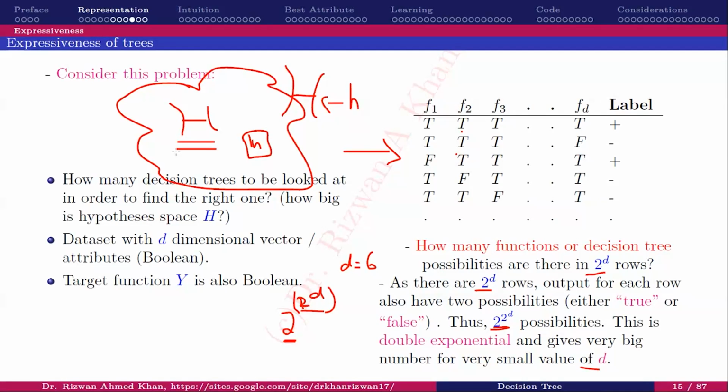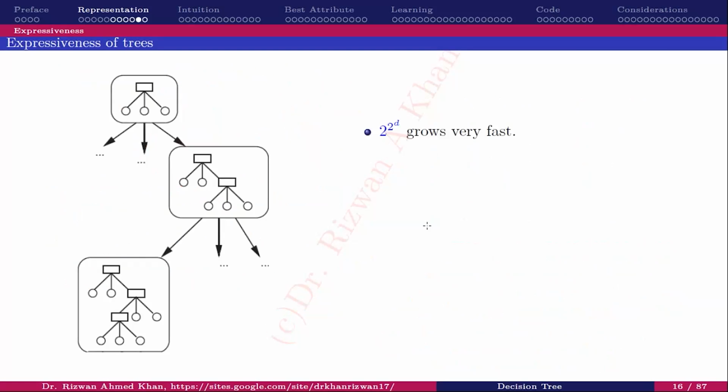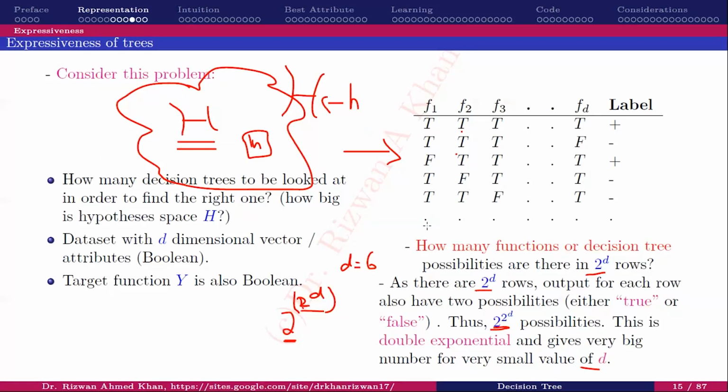So this is true for decision trees, but this discussion is also true for SVM, perceptron, k nearest neighbor, and so on and so forth. Is this clear to you guys? This number, 2 to the 2 to the d.